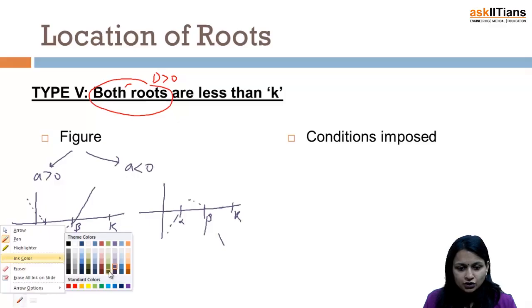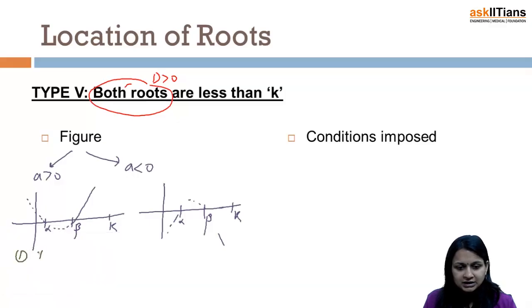Now the first thing that we talk about is the discriminant. The discriminant in each of them will be greater than 0 because I am having two roots. Now we will be talking about minus b upon 2a. Can I talk about minus b upon 2a in this case? Yes, because both roots are less than k, that automatically means that minus b upon 2a will also be less than k.